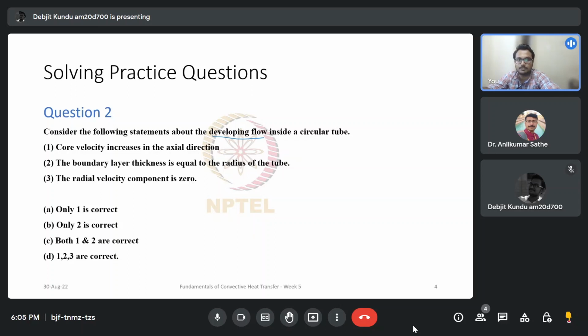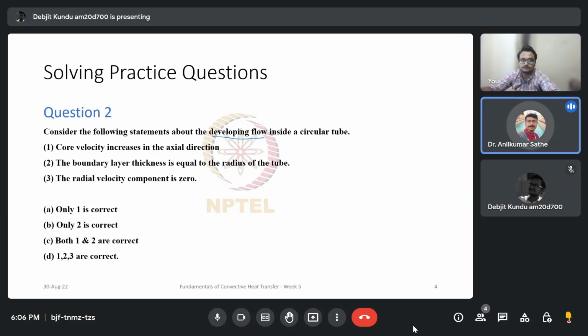Statement 2 says the boundary layer thickness is equal to the radius of the tube. Statement 3 says the radial velocity component is 0. Among these three, which ones are correct? Option A, only one is correct. Option B, only two is correct. Option C, both 1 and 2 are correct. And option D, all of them, that is 1, 2, and 3, all are correct.